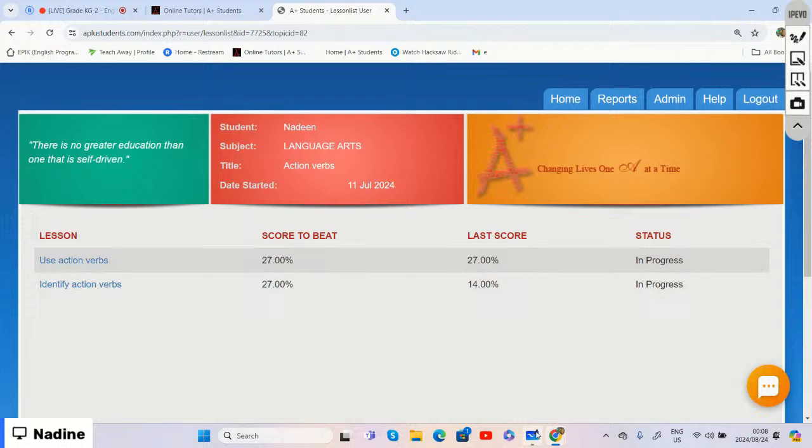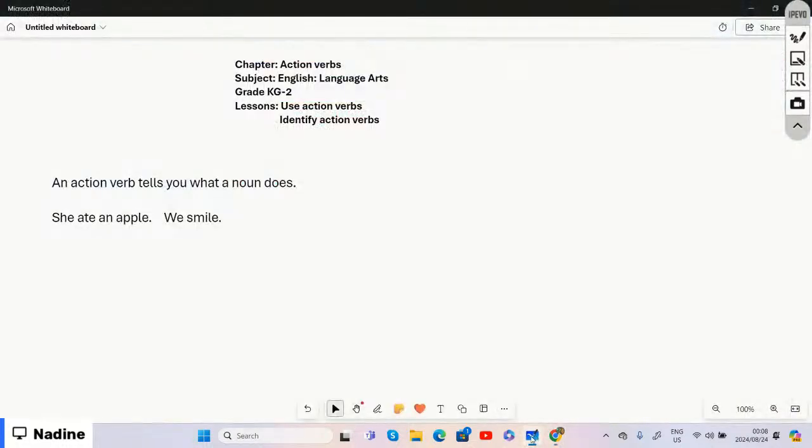Our chapter is action verbs. Our subject is English language arts.